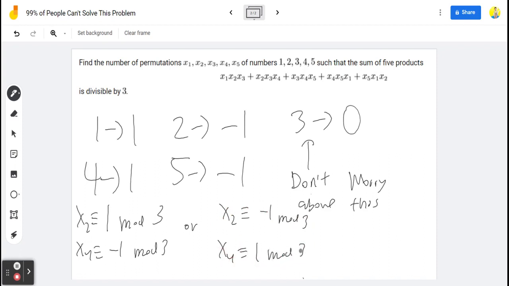In the first case, there are 2 options for x2 and 2 options for x4. In the second case, there are 2 options for x2 and 2 options for x4. So there are 8 total cases for x2 and x4.